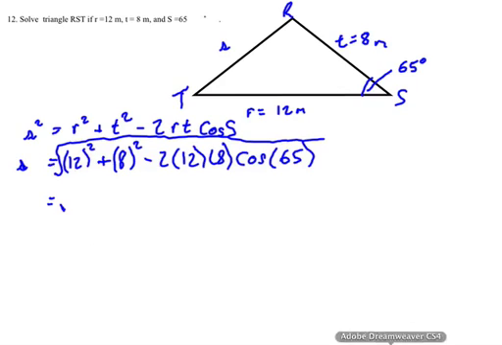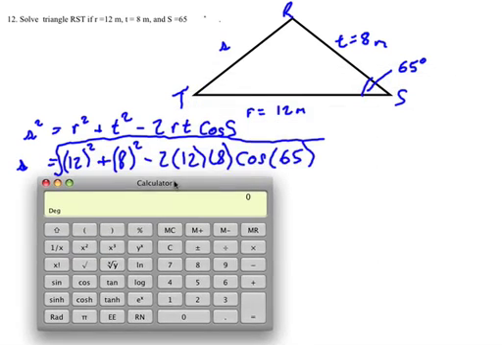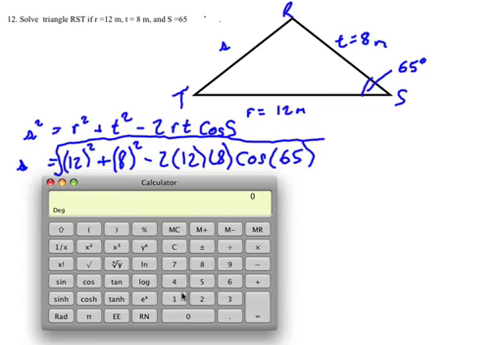So when I call up the calculator, we have 12 squared plus 8 squared minus, and I'm going to put in brackets just in case we have difficulties with the calculator not doing what it's supposed to.